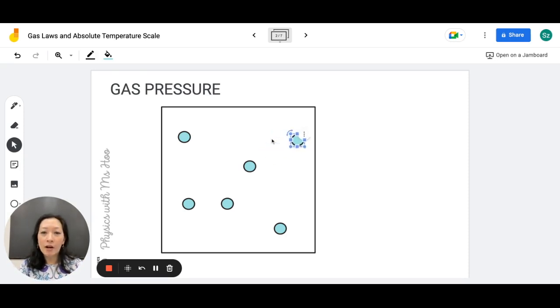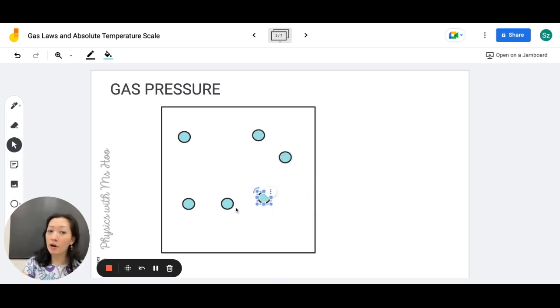Obviously, when they're moving, they're going to be colliding when they hit the surface or when they hit each other, right? So let's talk about how the pressure is exerted onto the walls of the container. When these particles hit the wall of the container, they're going to bounce off. So they're constantly colliding against the walls of the container.